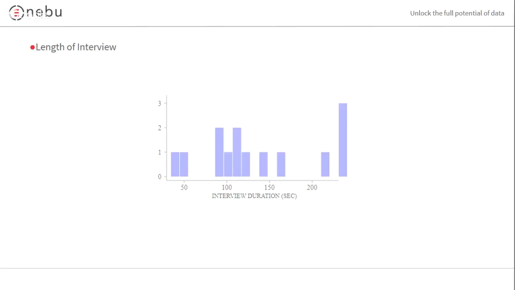If you're looking at just completes, you'd expect them to be bunched around the middle area. But if you look at those different interview durations, it'll give you different indicators of what exactly has happened with your lengths of interview. So too many short ones can indicate there's speeders or fraudsters that have come into the system. People that aren't really reading the survey and jump through.